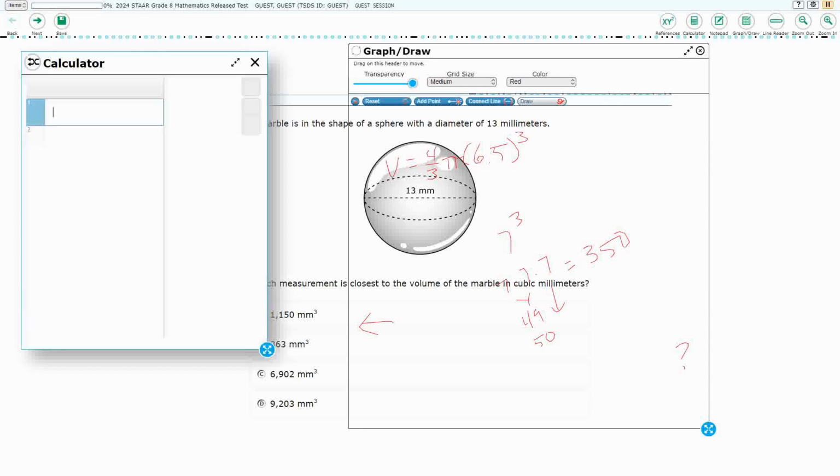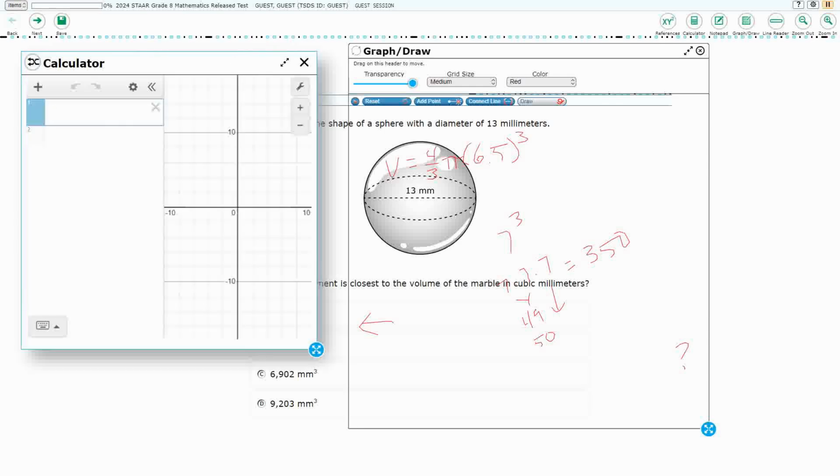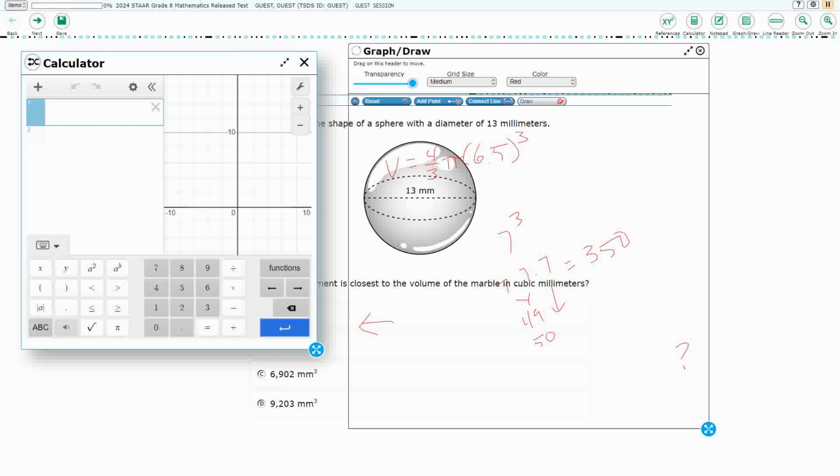We could also try it on the Desmos here. Now, we have to use this right here, and then we end up just doing the same thing, 4/3, and then we're going to move over, and then we're going to hit pi, and then we're going to hit this 6.5, and then we're going to go ahead and get up to the third. So you see the answer pops up there.